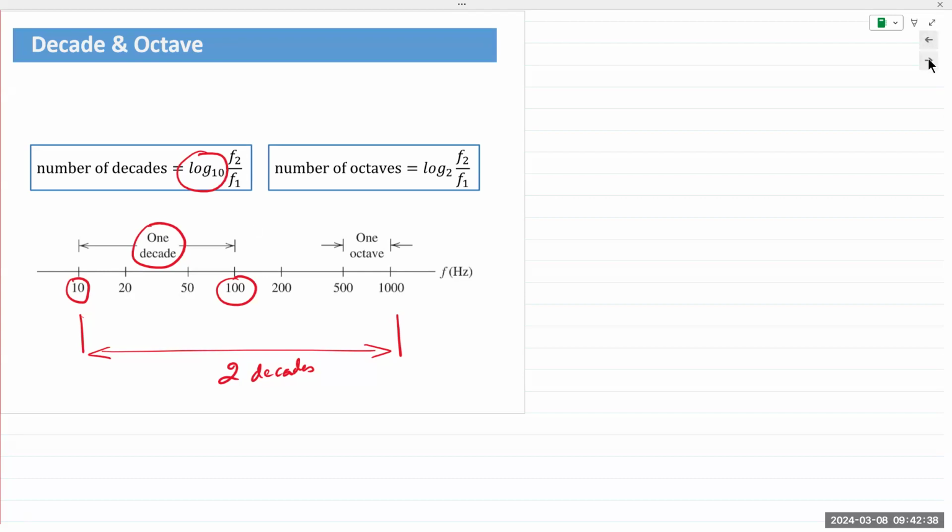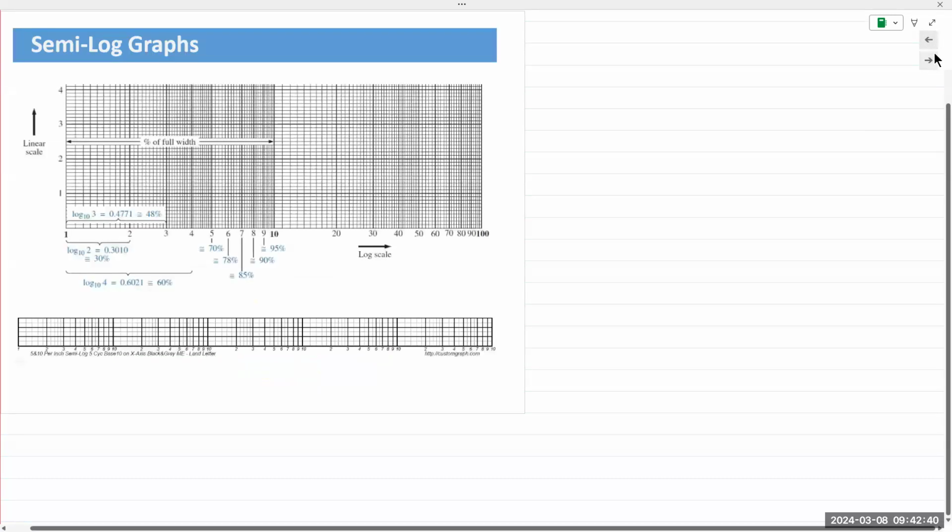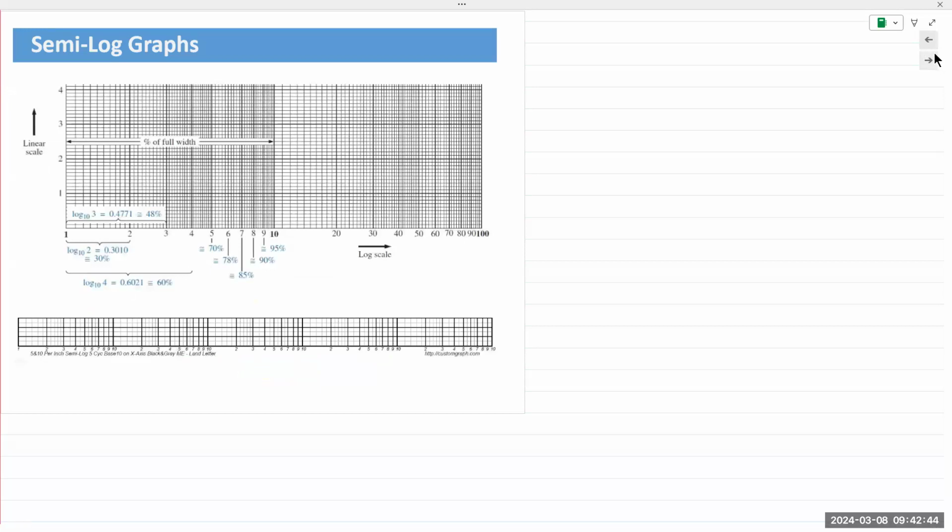So let's see how we actually use this for our plots. Anyone seen this kind of graph paper before? Seen, come across, used perhaps? Normal graph paper that we use is linear. The x-axis is linear, the y-axis is linear. If both axes are on the log scale, we call it a log chart.